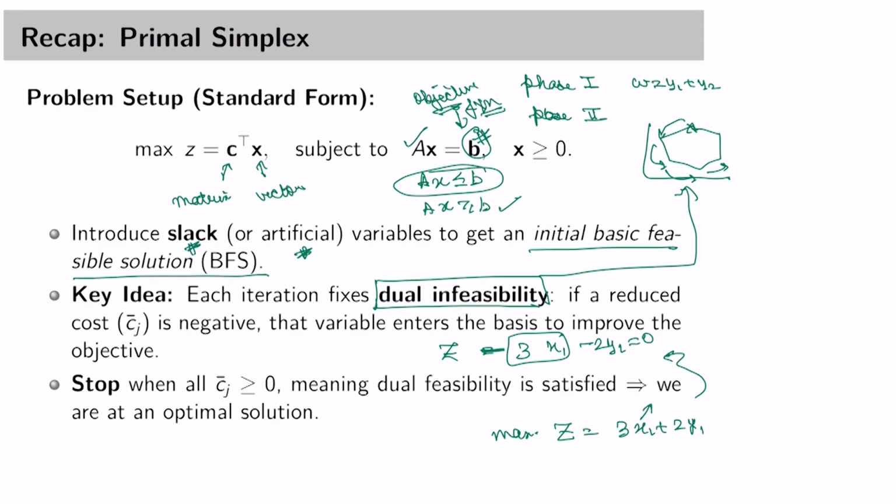And we will keep on doing that, updating our tableau until no negative coefficients exist, and that is exactly where we stop. That is when all the coefficients become greater than or equal to 0.